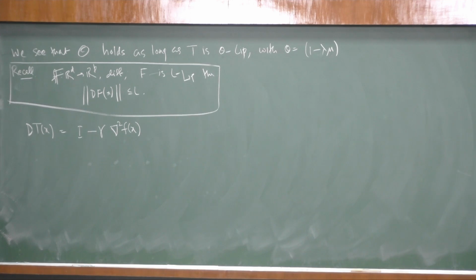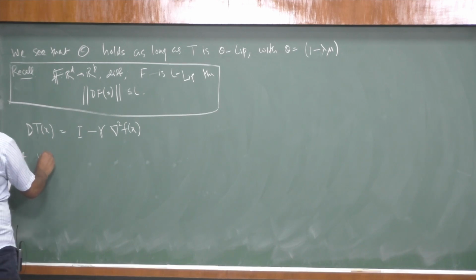Now let us extract the eigenvalues of dt, because the norm of this will be the largest eigenvalue, right? We have also seen this before. So for completeness, let us write down these details.